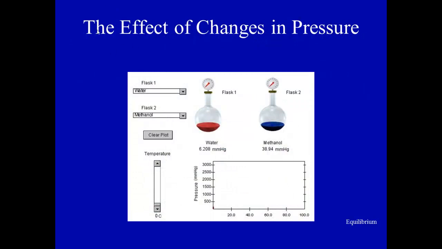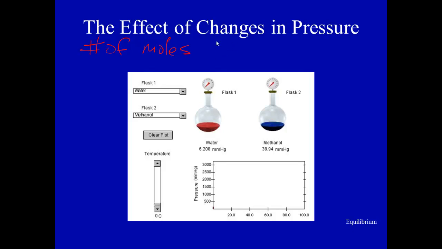So if I'm changing pressure, the rule for changing pressure is looking at the number of moles. I want to look at the number of moles in the reactants and the products.